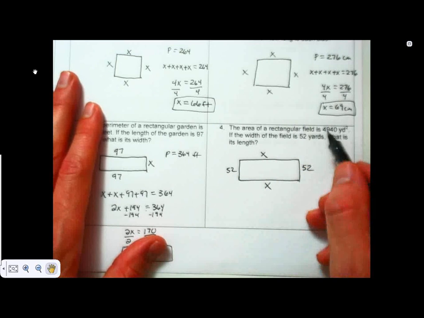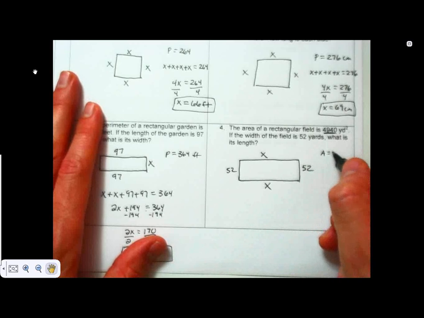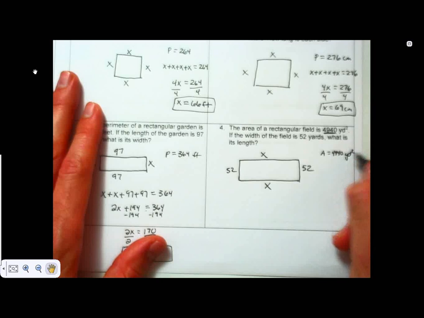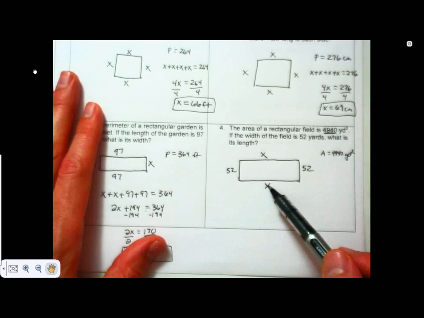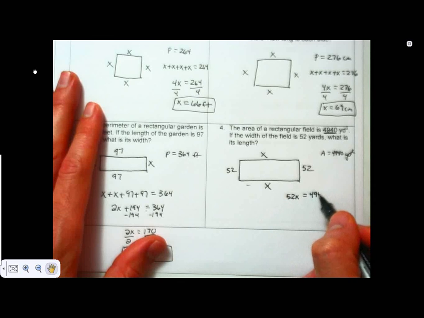But this time they're actually giving me the area. They're saying the area is 4940 square yards. And so the way to find area is to multiply length times width. So for me, that would be 52 times x equals 4940.